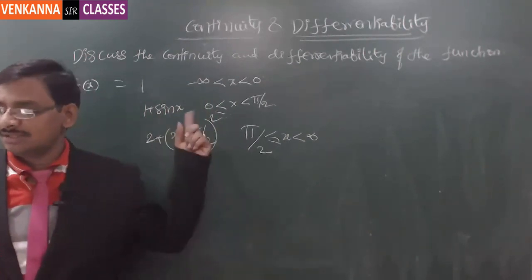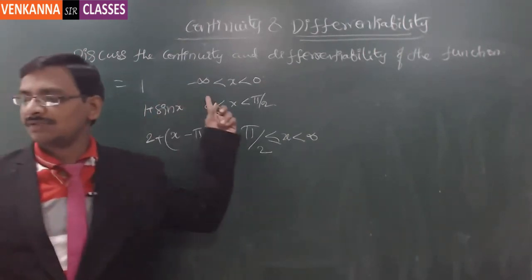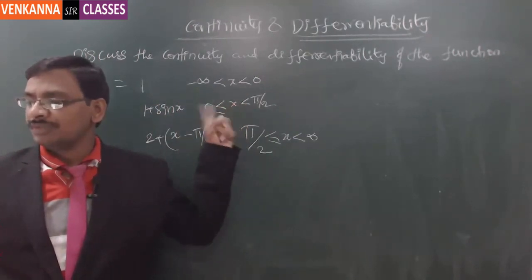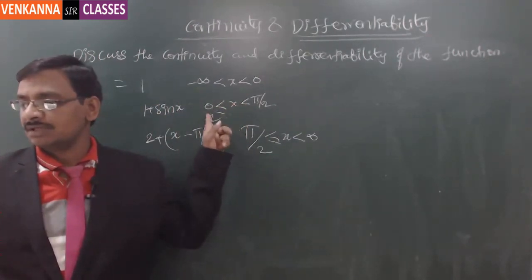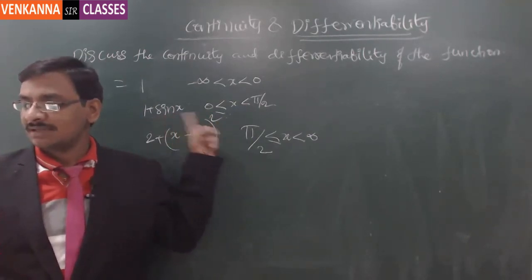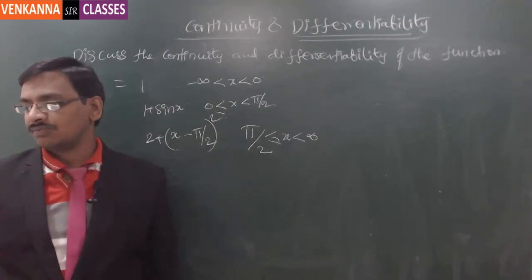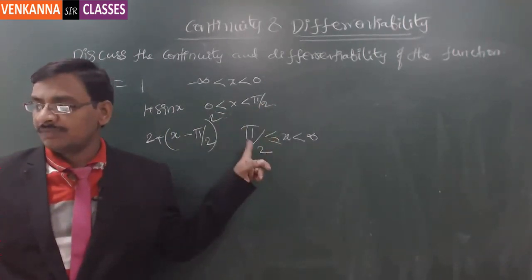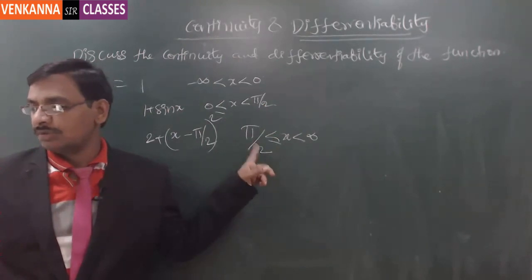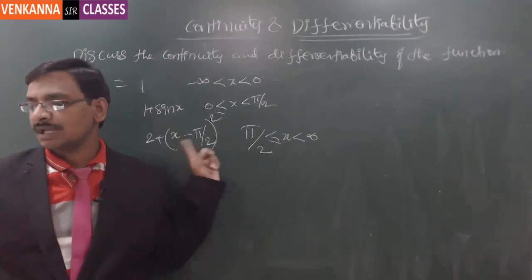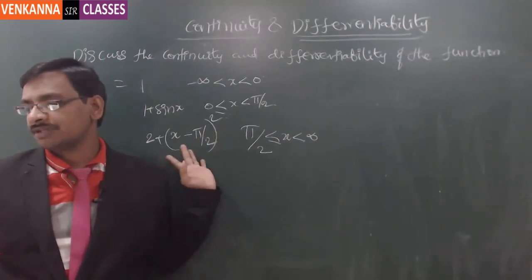That means it is continuous from minus infinity to 0. But exactly at 0 there is a change: from 0 onwards the function value is 1 plus sin x till pi by 2, not including pi by 2. At pi by 2 and from pi by 2 till infinity, the function value is 2 plus (x minus pi by 2) whole square.